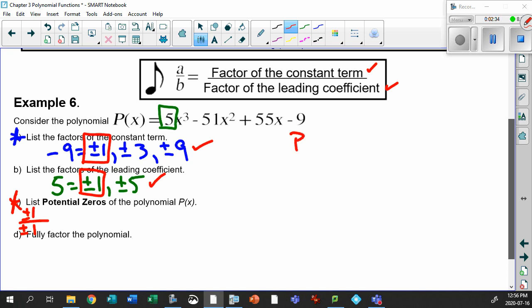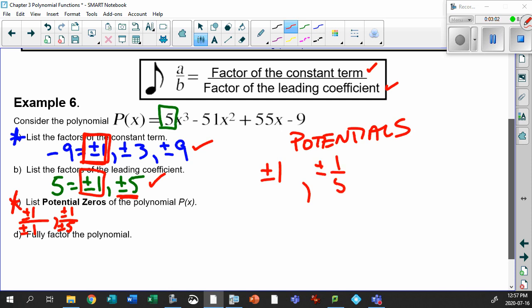So let's list our potentials in here, okay, is plus or minus 1. Well, that was easy. Now, take a look at this plus or minus 1 again, since we've done it. It's got to be over plus or minus 5. Uh-oh, plus or minus 1 over plus or minus 5 now. So in other words, one of the potential zeros could be a rational number of plus or minus 1/5. Oh, now you get it? Yeah, that's not so tough.